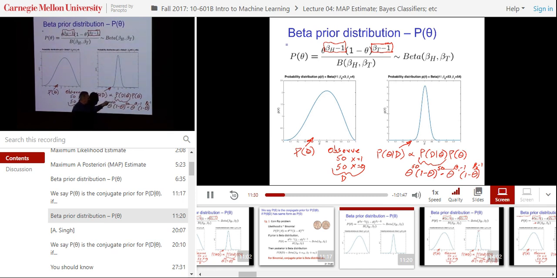So it's 50 plus beta 1 minus 1 is the probability here. But the important thing is this probability distribution itself is also a beta distribution. It's just a beta distribution where instead of having beta 0 and beta 1 be 3 and 4, they now are 3 plus 50 and 4 plus 50. And this is, in fact, the beta distribution for beta 0 equals 53 and beta 1 equals 54.